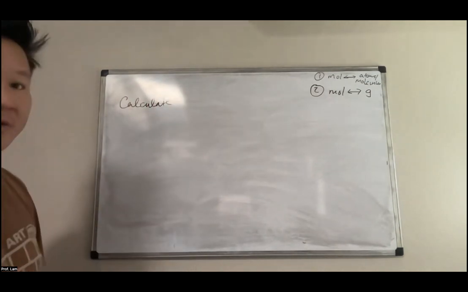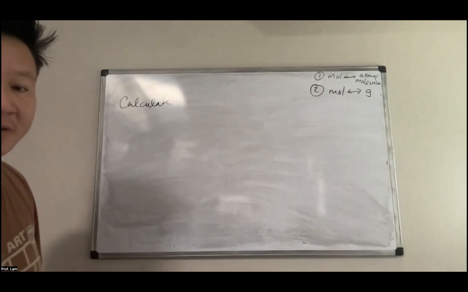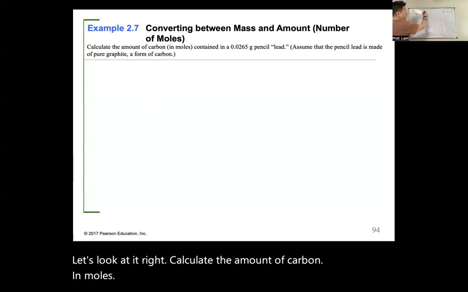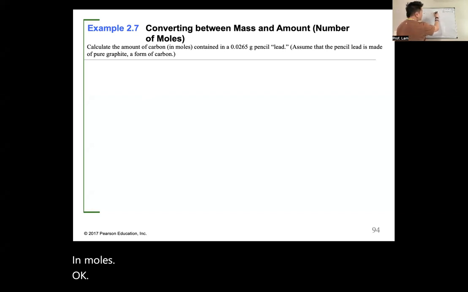It asks us to calculate the amount of carbon in moles in 0.0265 grams of pencil lead.